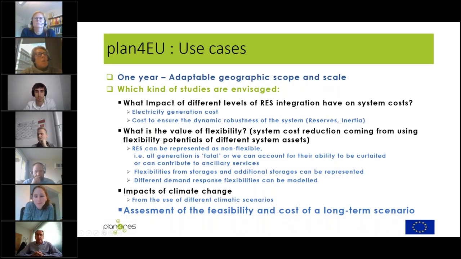We're also trying to evaluate the impact of climate change, because all this is stochastic and we are relying on different climatic scenarios from the Copernicus Climate Change Service that was presented yesterday. The main use of this model from our point of view is to assess the feasibility and the cost of long-term scenarios coming from the GENeSYS-MOD model that Carlo just presented.